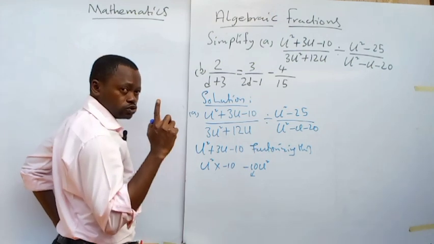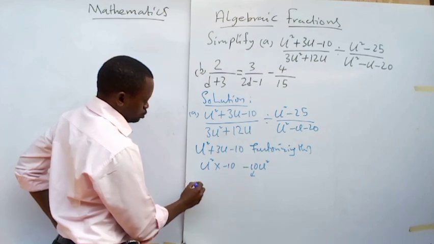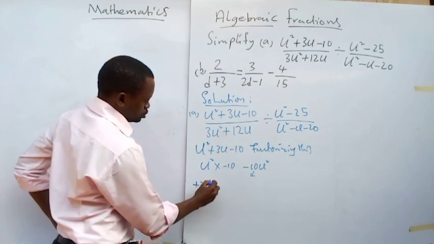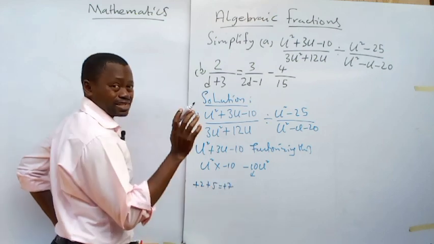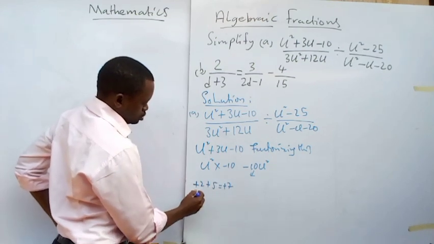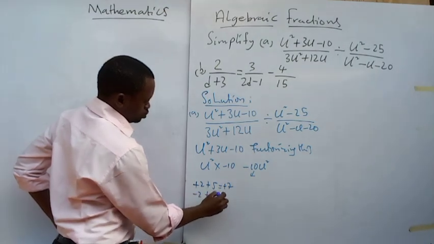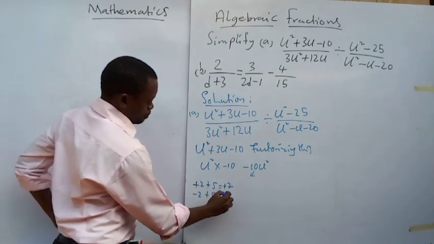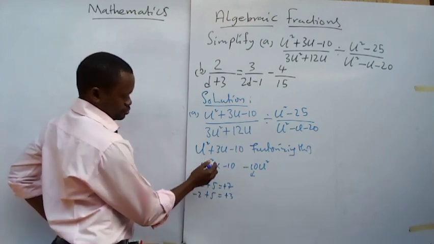First of all, you have known that the two factors are 2 and 5. Test plus 2 plus 5. It will give you plus 7, so that one is out. Check minus 2 plus 5. It will give you plus 3. So that one is there.